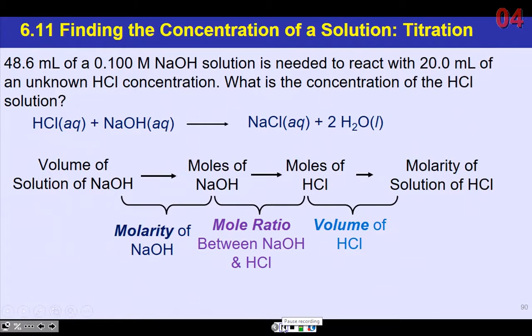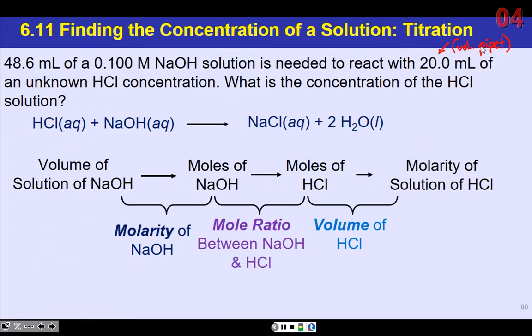A volumetric pipette allows you to measure 20.0 milliliters very accurately. A volumetric pipette is just a comment, just so you know how these things are done to get that many sig figs.